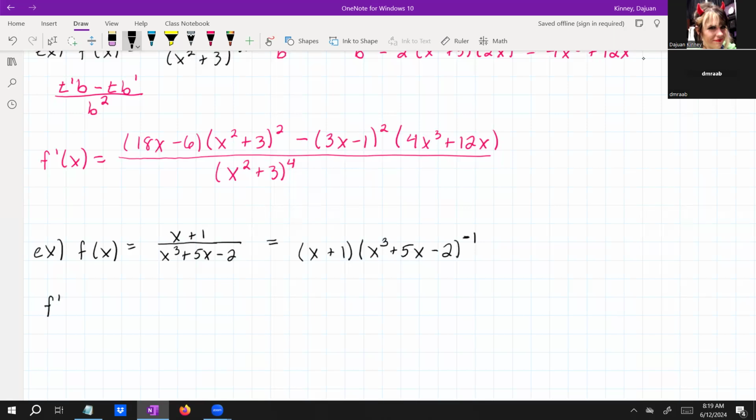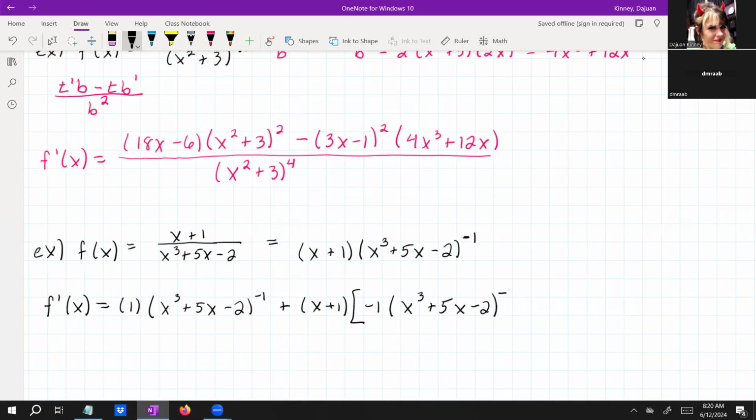Honestly, mixing those two up isn't the worst. Okay. First times the second. So derivative of the first is just a 1 times my second as is. Plus, since it's product rule, the first times the derivative of the second. Here's where things get a little fun. Now I have to do the chain rule. So I bring this down. Subtract 1 from the exponent.